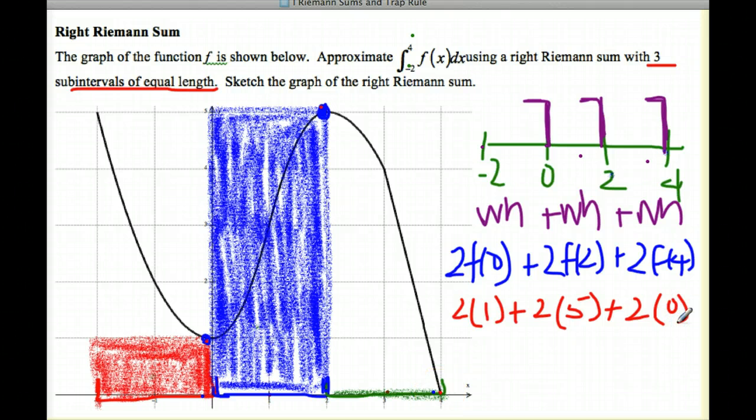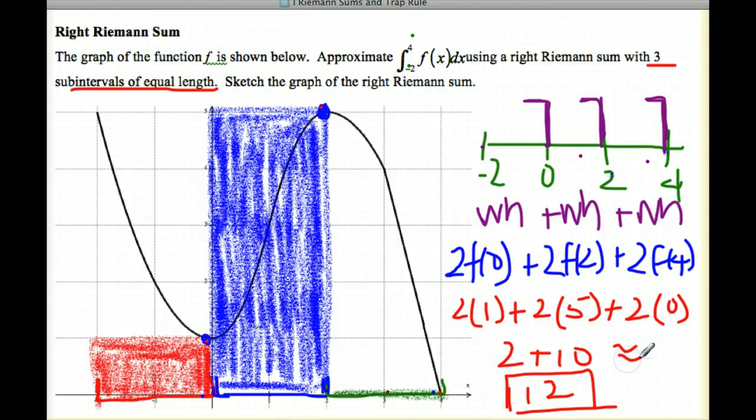If I add all of these up, I get 2 plus 10 plus 0 gives me 12. So this is an approximation that if I take a right Riemann sum, my area is going to be approximately 12. So let me keep note that this is an approximation.